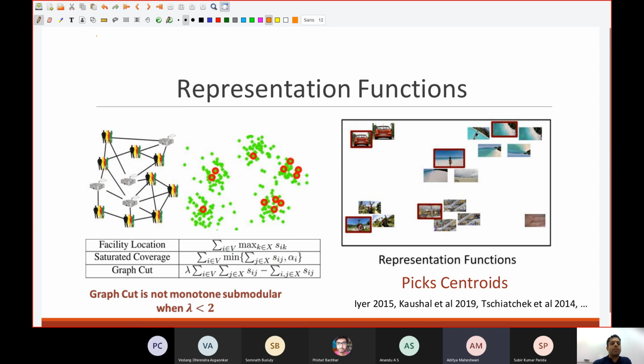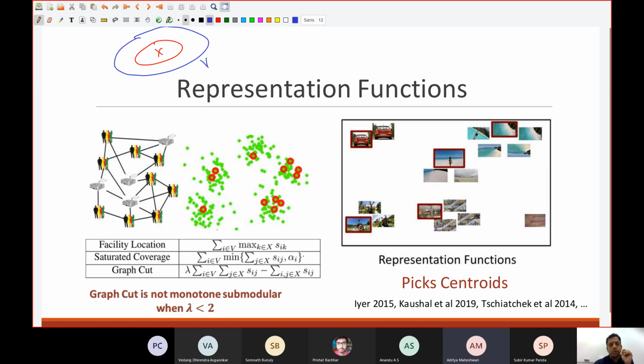Graph cut says, if I have a set V and of that I'm trying to identify a subset X, this is X, this is the entire set V. So graph cut says that I'm going to look at how well the points in X are representing the points in V through similarity.